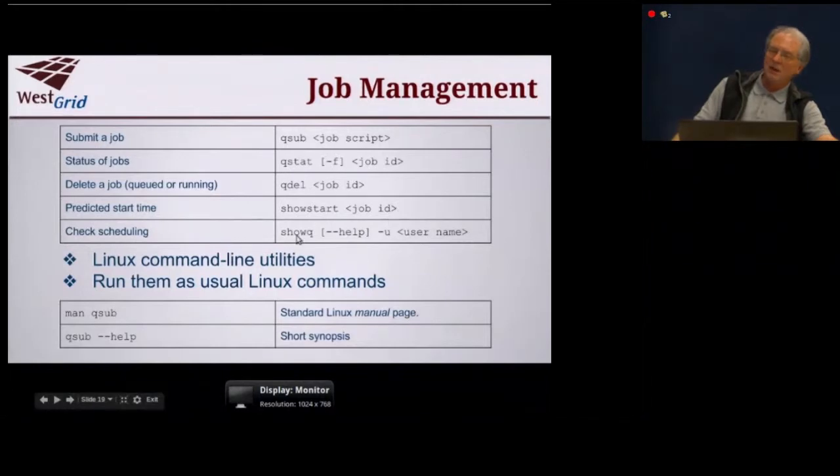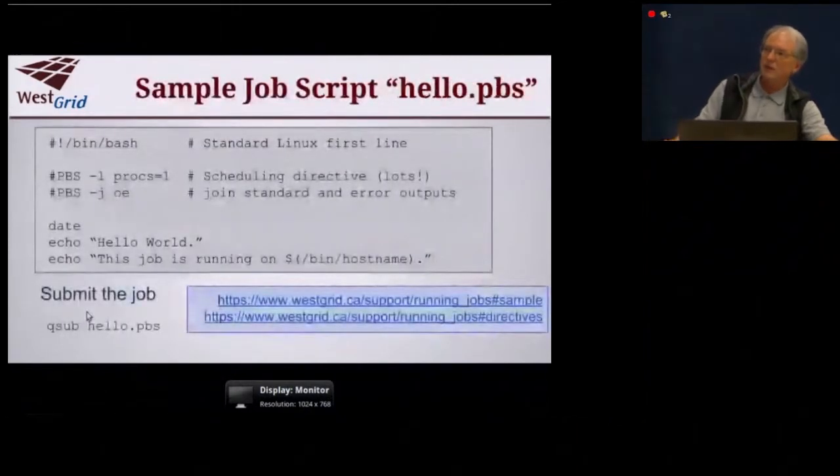For instance, almost every command, if you do showq --help, you'll get a quick list of what showq does. All of these commands also have on Linux what we colloquially term the man pages.